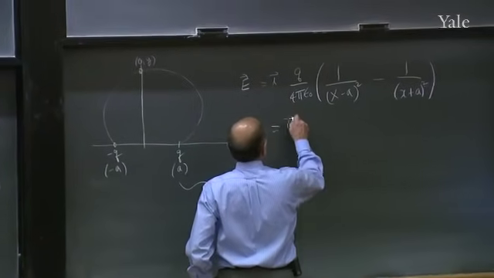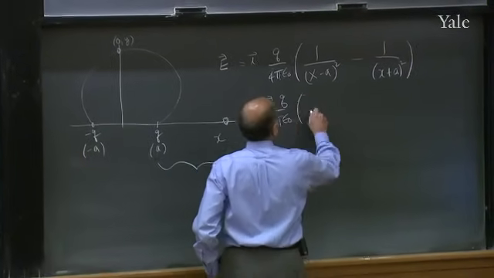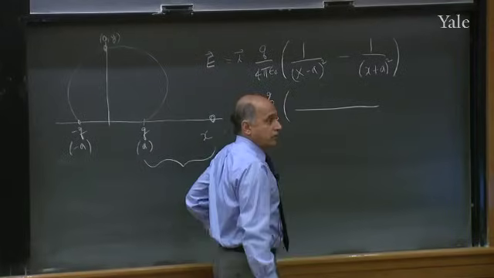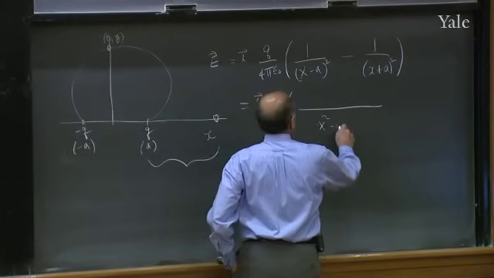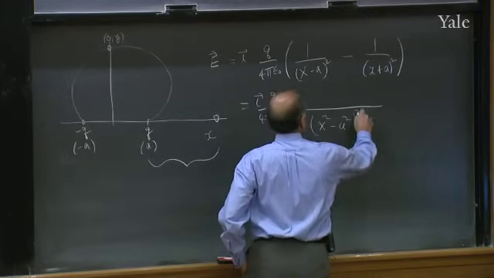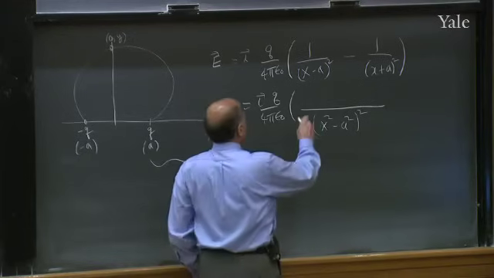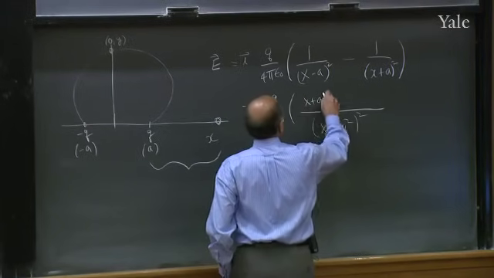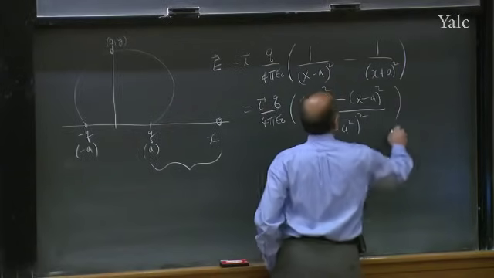So I will do that now. q over 4 pi epsilon 0. Now you find a common denominator. I remind you, x plus a times x minus a is x squared minus a squared, and everything is under squares. In the numerator, you get x plus a squared minus x minus a squared.